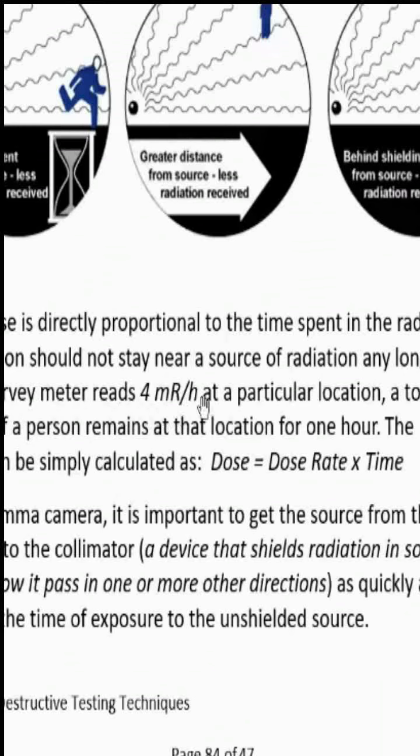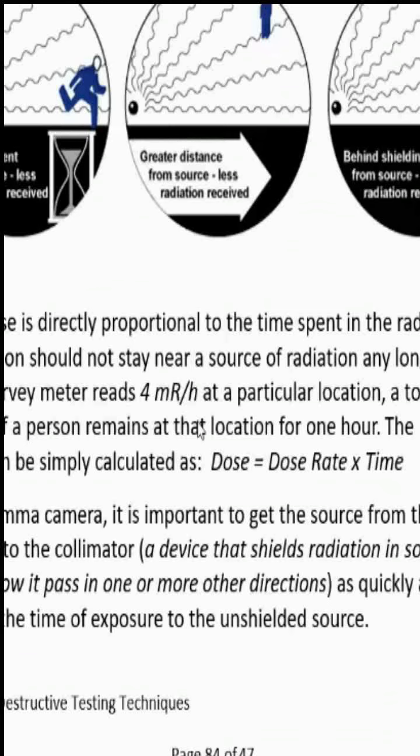Suppose the survey meter reads 4 millirem per hour. It is a meter like the sound meter and other things we use. Vibration, sound and other things we measure with some metering method. So there is a radiation measurement device that is called a survey meter.